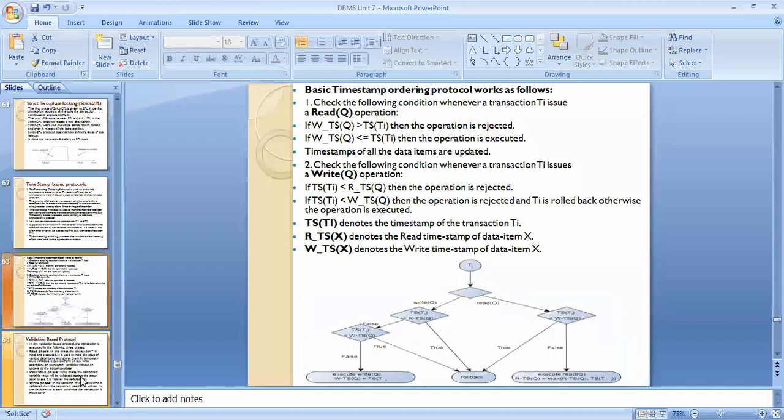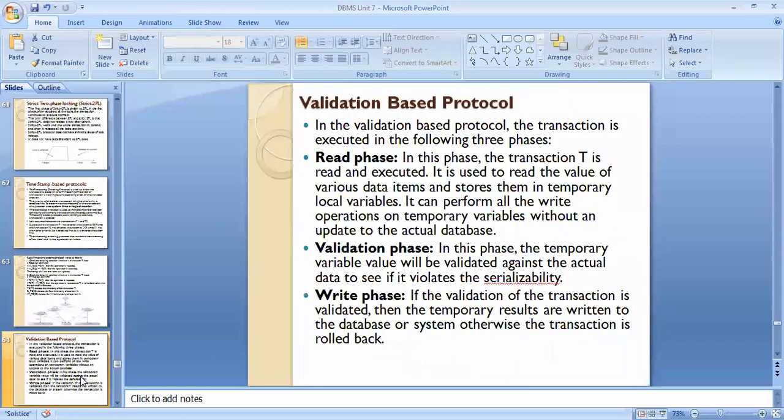So to avoid those rollbacks, there are validation based protocols. In the validation based protocol, the transaction is executed in the following three phases. First is the read phase, next is the validation phase, and the third is the write phase.